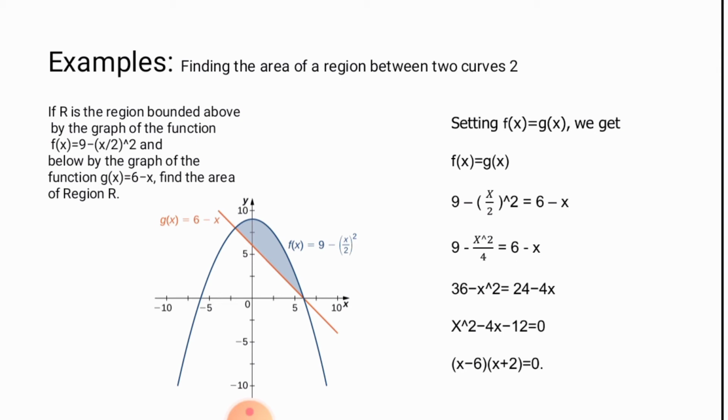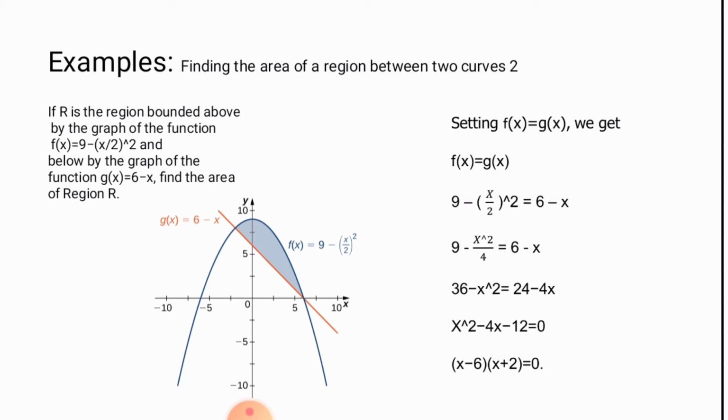We first need to compute where the graphs of the functions intersect. The graphs of the functions intersect when x equals 6 or x equals negative 2. So we want to integrate from negative 2 to 6, since f of x is greater than or equal to g of x for negative 2 less than or equal to x less than or equal to 6.